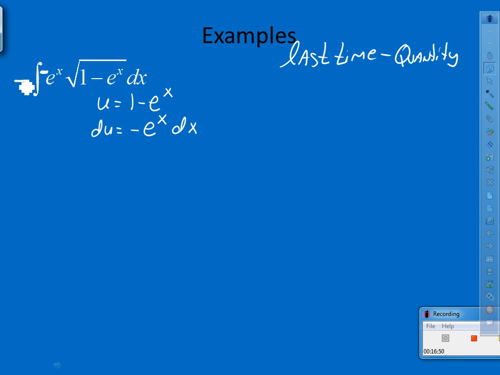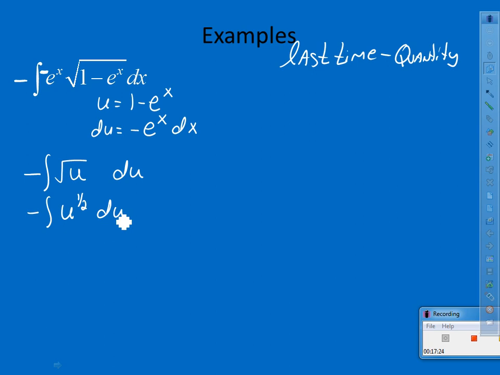Now when I rewrite this, here's what I got. I got the antiderivative of this negative e to the x dx becomes du. But notice I got the square root of 1 minus e to the x, so this really becomes the square root of u. Because u is 1 minus e to the x. So this really becomes negative u to the 1/2 du.